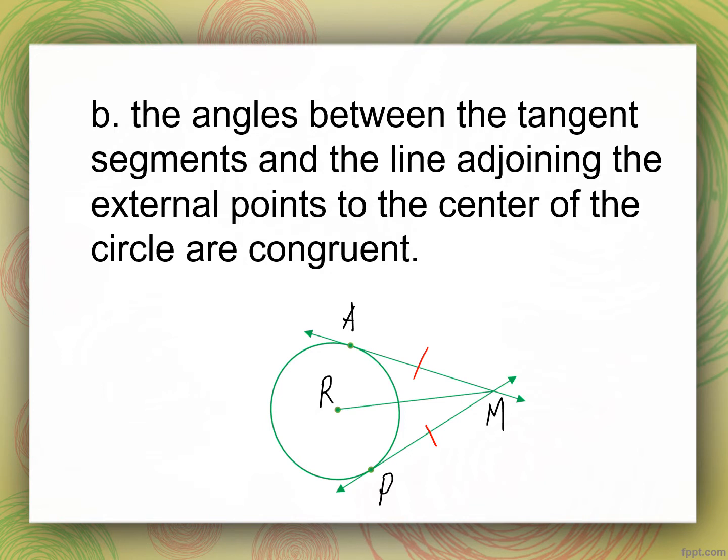So if you have this segment, it will divide the angle formed by the tangent segments. So here we will produce two congruent angles, and that would be angle AMR.